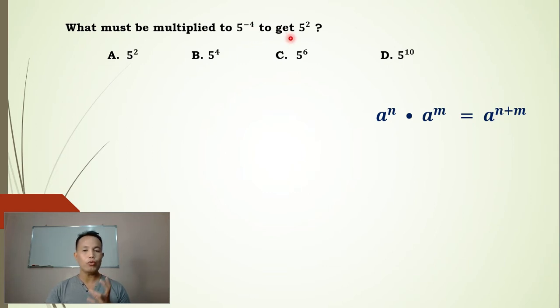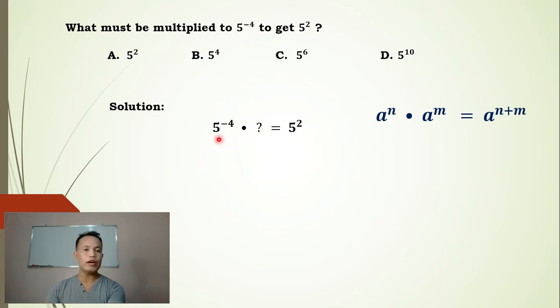So how do we solve this problem? The problem states that what must be multiplied to this exponential expression, 5 raised to negative 4, is the question mark, so that we could have an answer equal to 5 raised to 2. So we refer to this rule, a raised to n times a raised to m. We have to take note that the base must be equal.